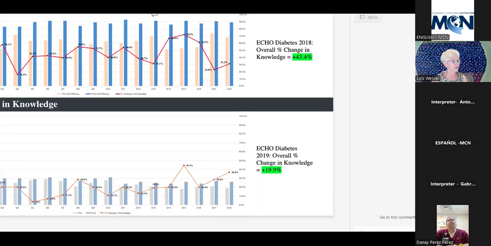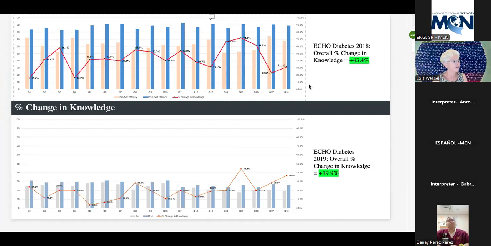And so Martha was kind enough to put together a bunch of different graphs where the first line is the pre-knowledge, and the second line is the post knowledge, and the red line in the middle is the median.